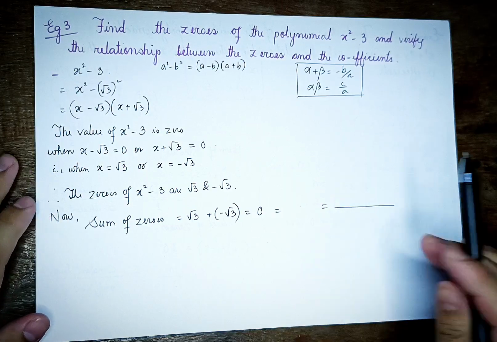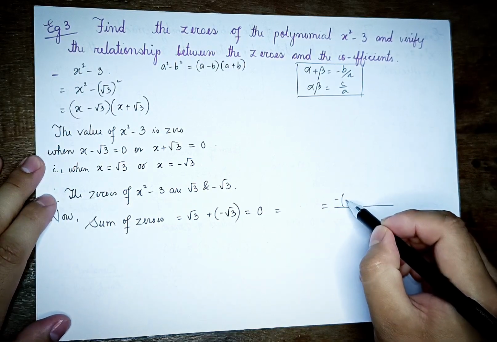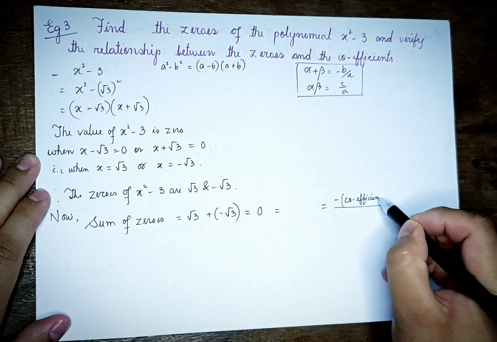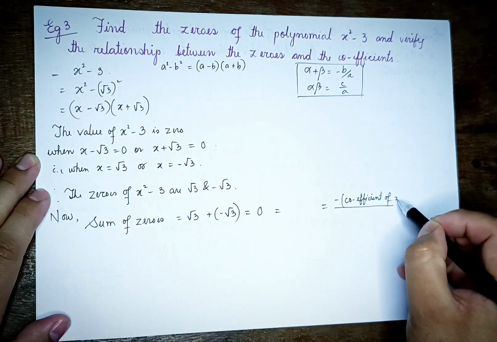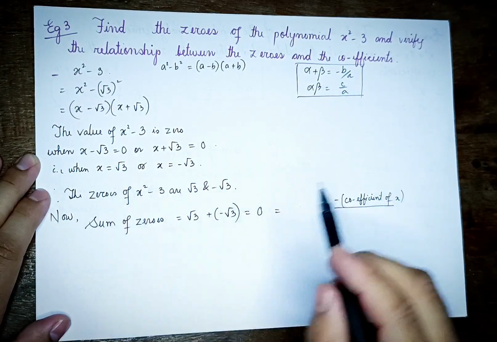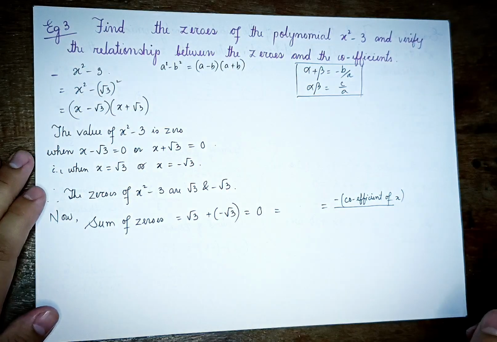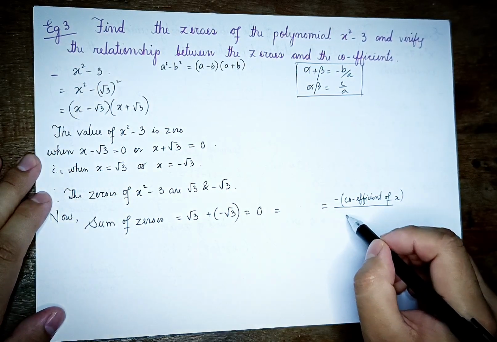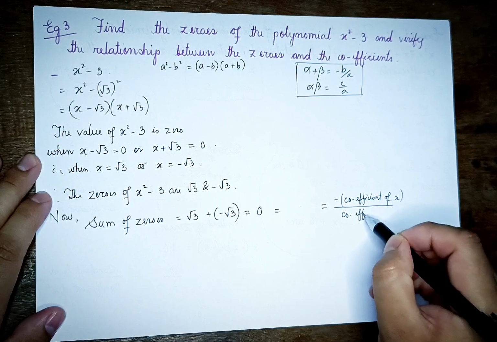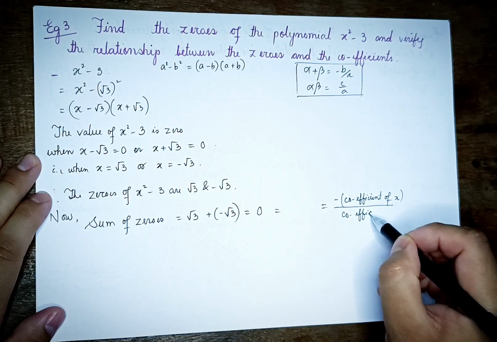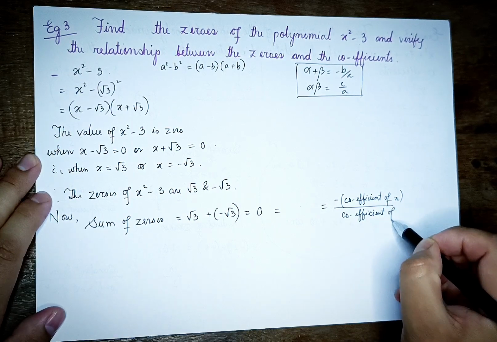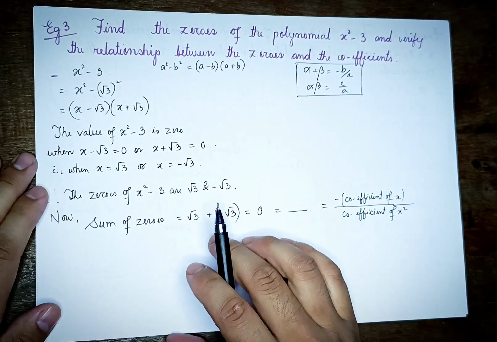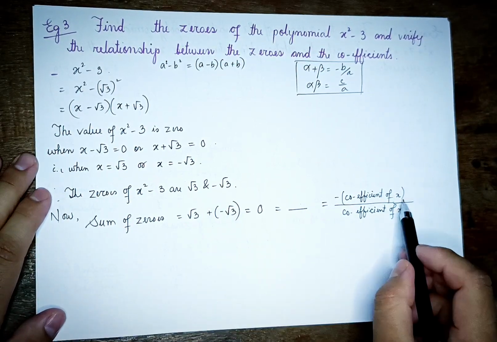Minus b by a means minus of coefficient of x, and a means coefficient of x square. So what is the coefficient of x?